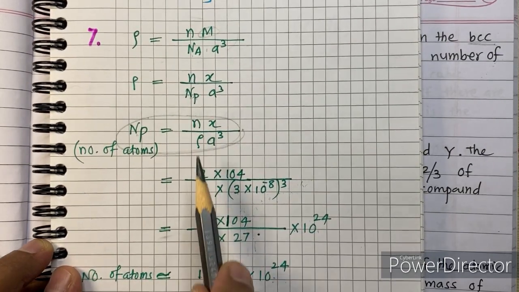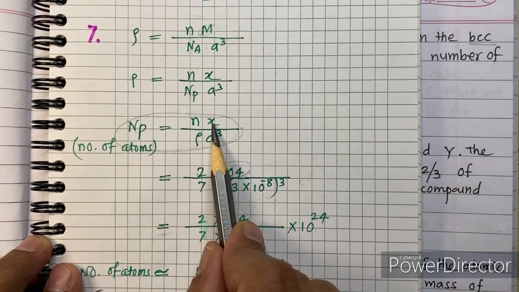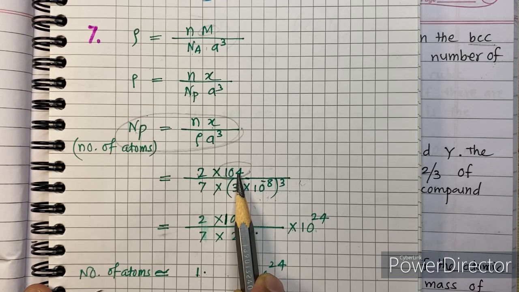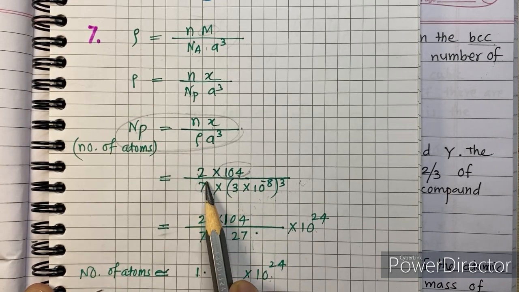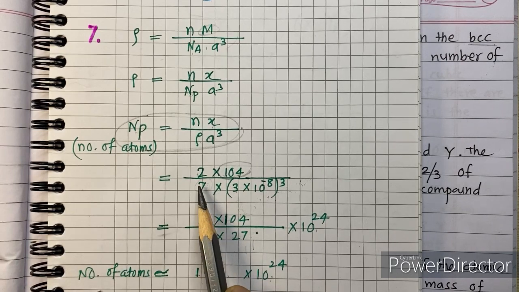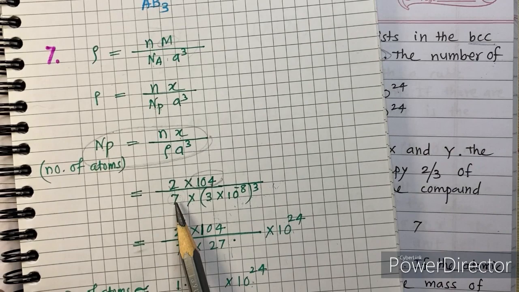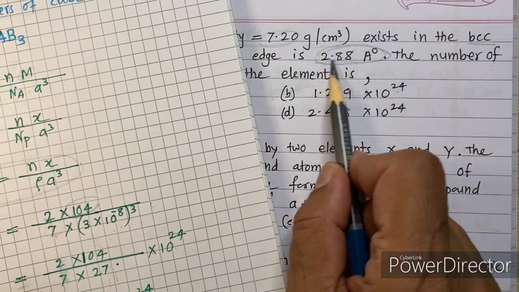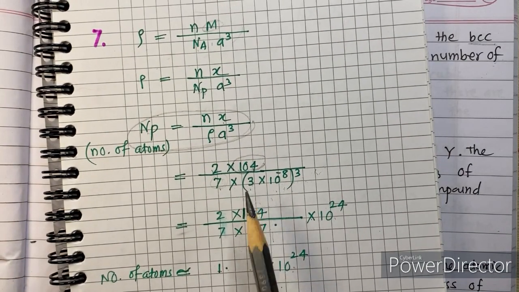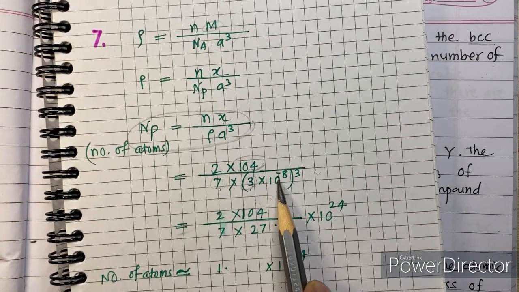Now here n is equal to 2 because it is a BCC structure, x is equal to 104 gram, density approximately 7. Now here round up the figures and find out the approximate answer because options are given. Here the edge length is 2.88, round this up to 3 into 10 raised to minus 8, that is required in centimeter.